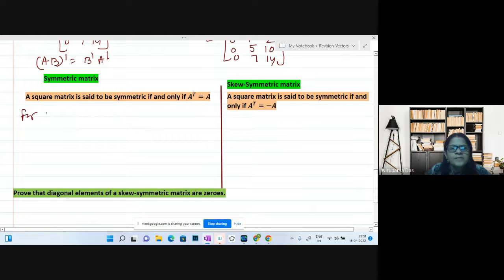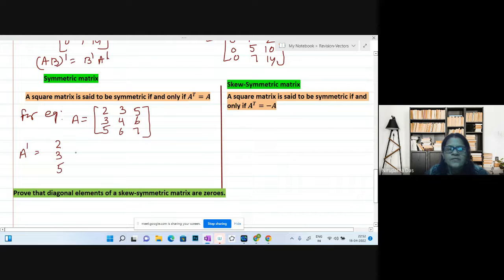For example, I am writing the A matrix like this: 1, 2, 3, 5, 3, 4, 6, 5, 6, 7.